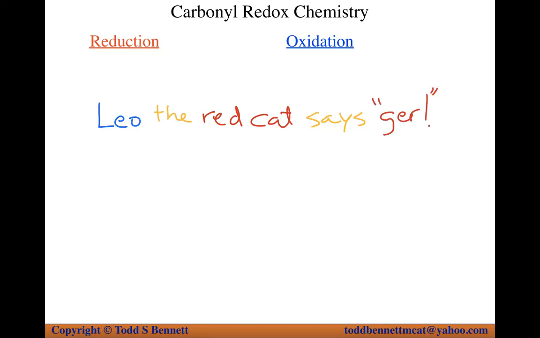And I want to emphasize why I added in the red cat. It's going to have nothing to do with organic chemistry. What it will have a lot to do with is general chemistry and biochemistry and physics. What I mean by that is reduction occurs at the cathode. This is the location where you gain electrons and you reduce out whatever the material is. For electrochemical cells, it's usually a cation turning into a metal.